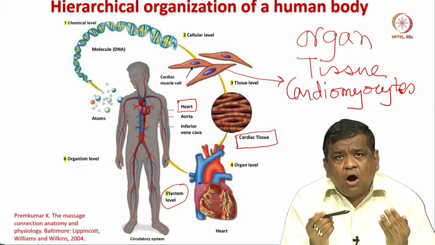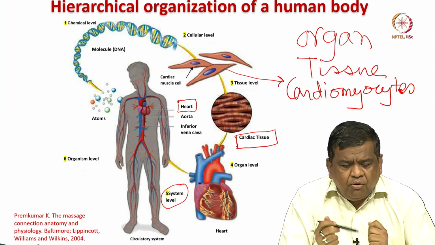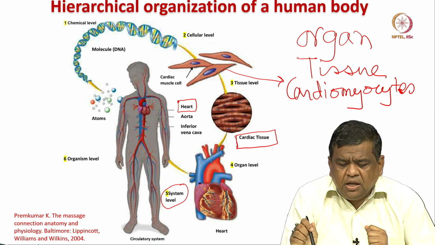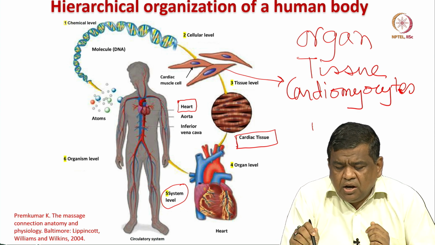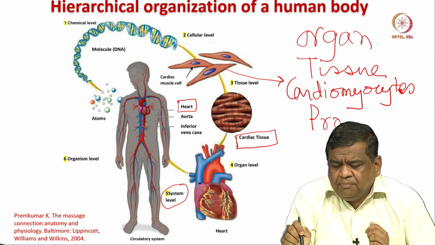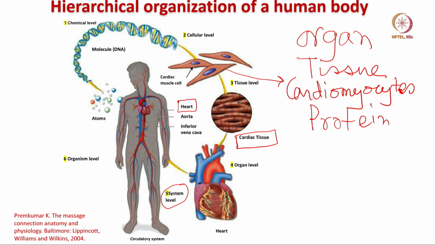Now, if you go down further in the cells, then you have this molecule, so different protein molecules. So, then you have the abundance of the protein molecules in the biological system, and then if you go down further in the cells itself, you have a DNA, deoxyribonucleic acids, which undergoes transcription and translation process to form that RNA, and that is like messenger RNA.